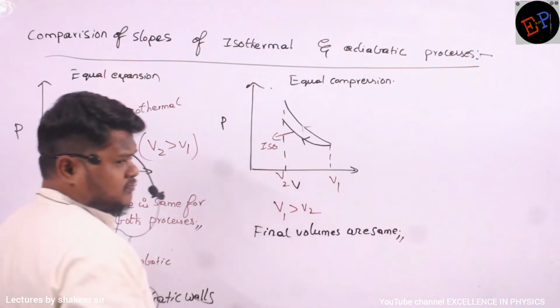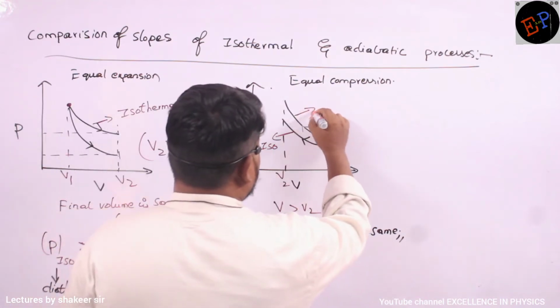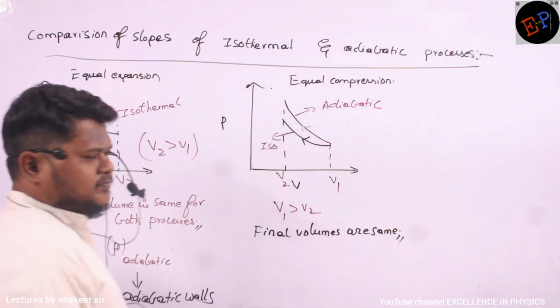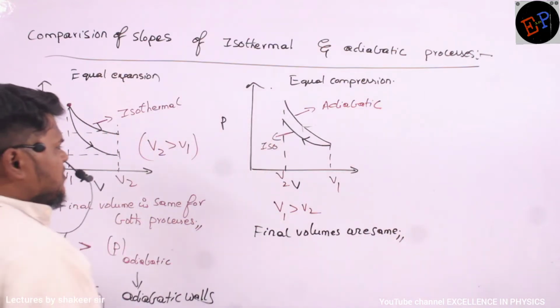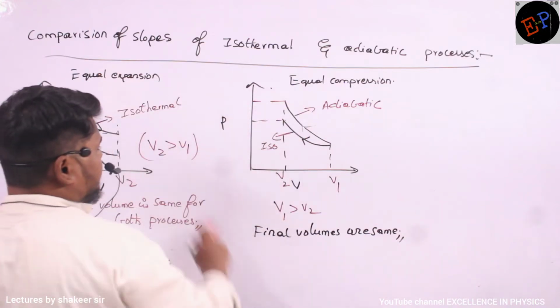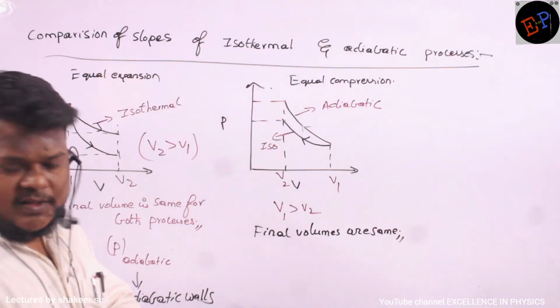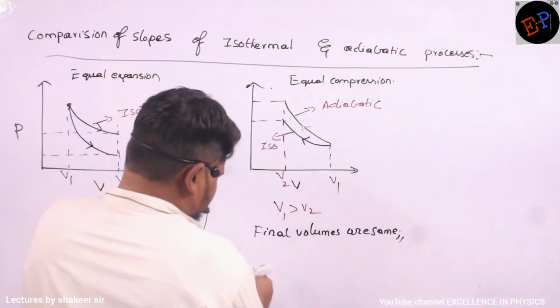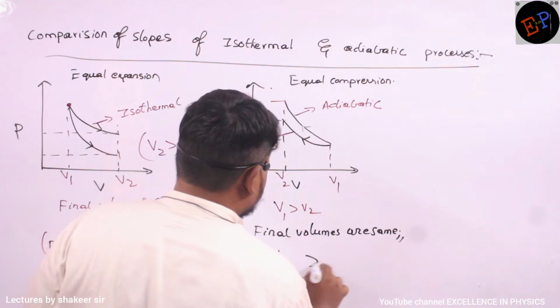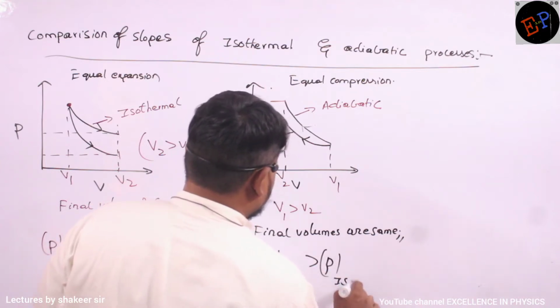Slope is lesser, no? Which graph is having greater slope? This graph is having greater slope. This is an adiabatic process. So pressure of which process is greater? Pressure of adiabatic process is greater than pressure of isothermal process. Clear, no? So therefore definitely I can write pressure of adiabatic is greater than pressure of isothermal.